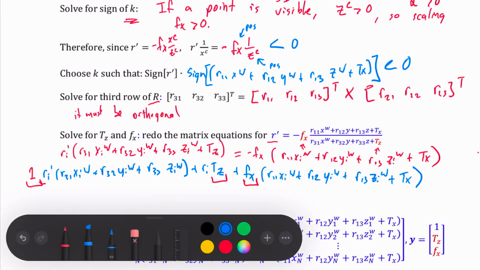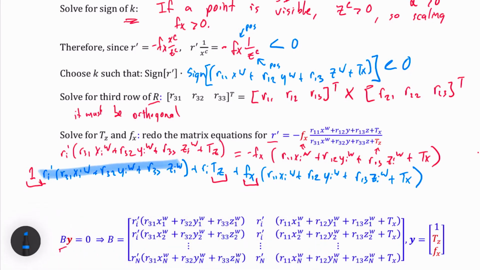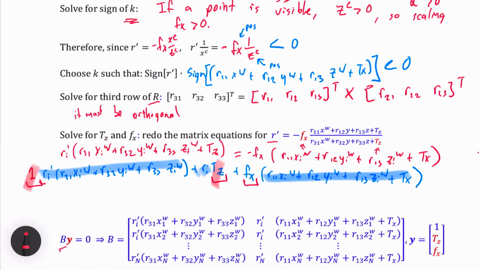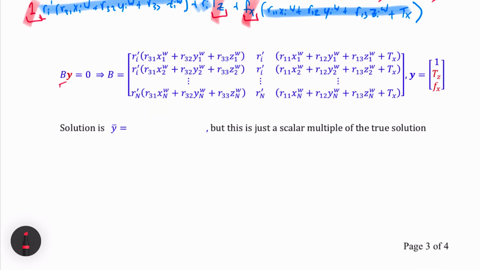I'll go ahead and highlight those for us. So we know this term, we know our ri, and we know all of this term. And then we take the remaining things, which are r1, our tz, and our fx, and we put those as our y column. And so again, we can build a monstrous data structure, then we can solve it out.